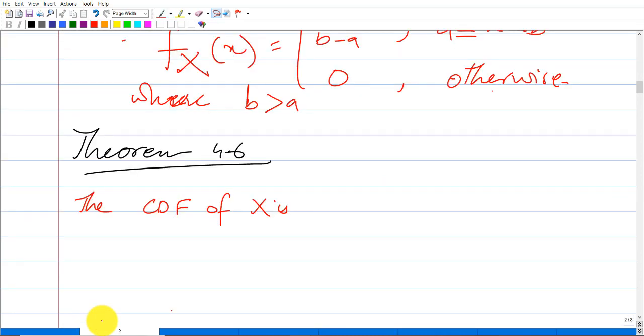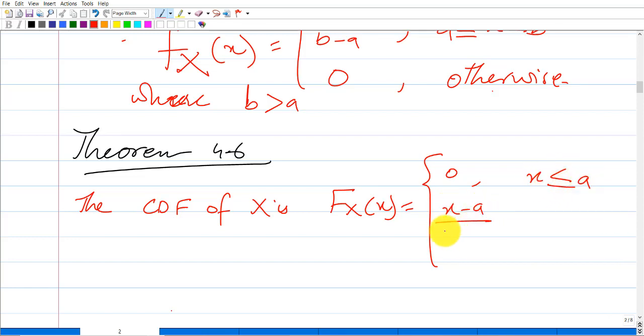So the CDF of X, F sub X of x, is equal to 0 for x less than or equal to a, (x minus a) over (b minus a) for x greater than a and less than or equal to b, and 1 for x greater than b.